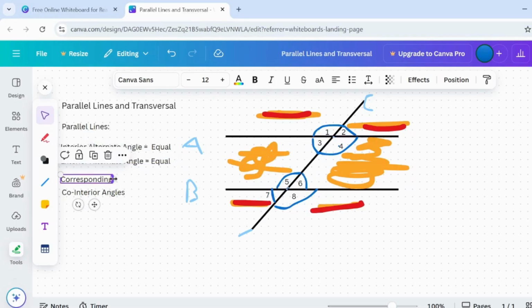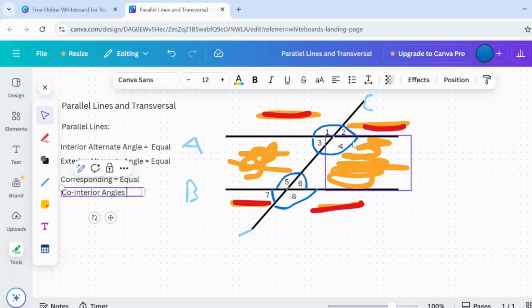Corresponding angles are also equal, as discussed. They are of the same value. They look the same. Angles 8 and 4 have the same size and shape, so their values are the same. They are also always equal. After that, co-interior angles are not equal, but their sum is. They lie on the same side of the transversal.